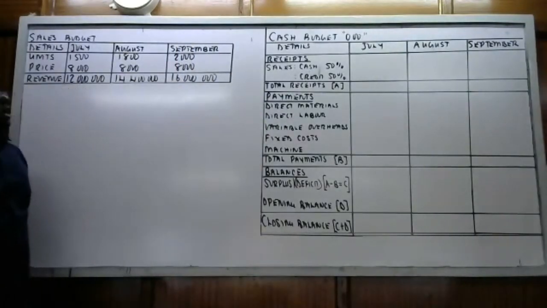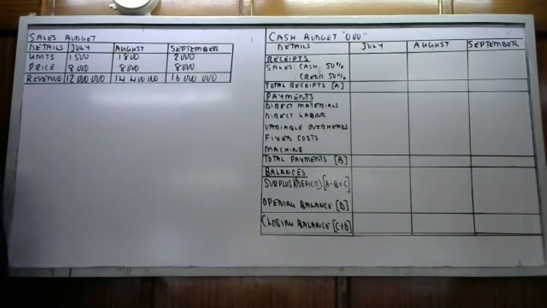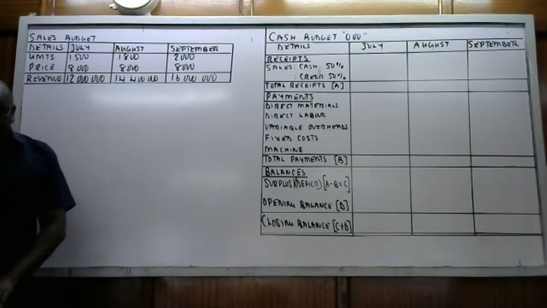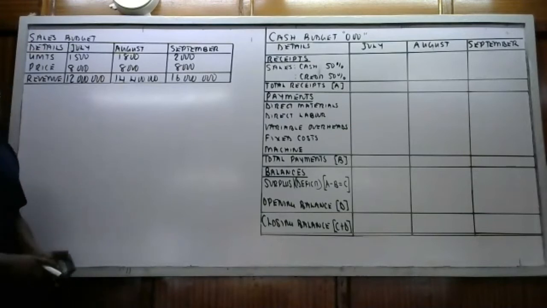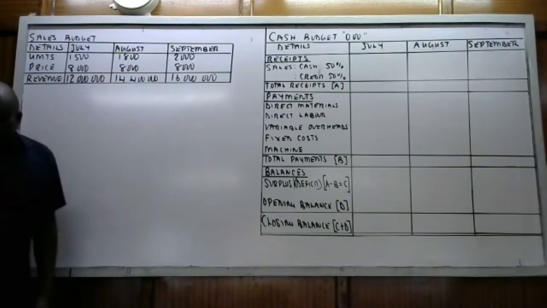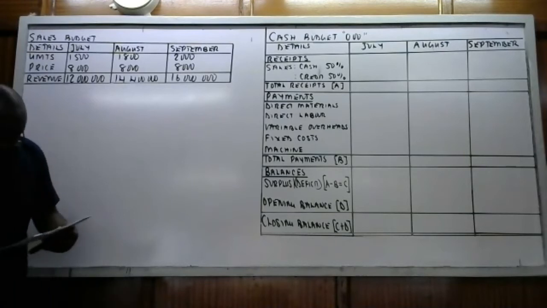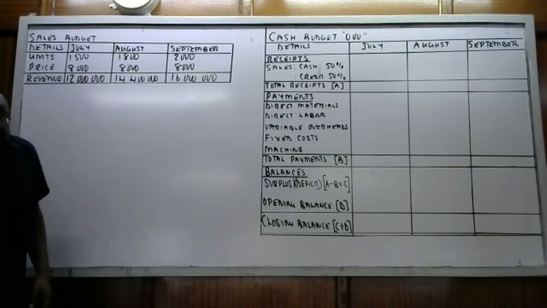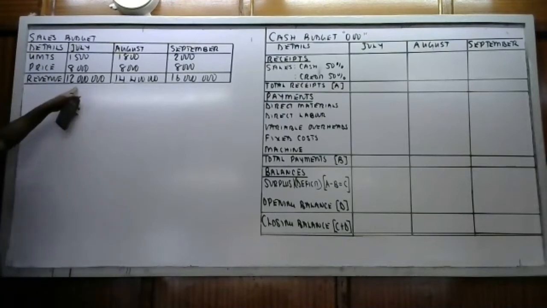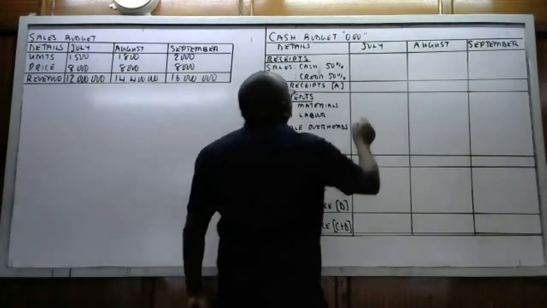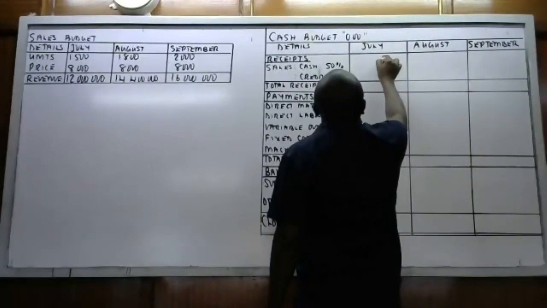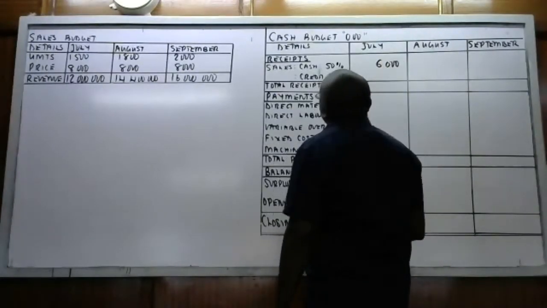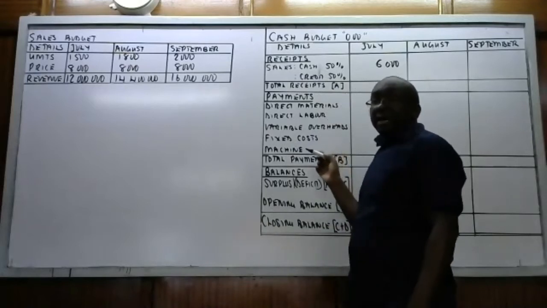So that now helps us to get, tunaambiwa according to information 8, 50% is cash and the balance is paid later. So of the 12 million, tunalipwa 6,000 that month because our figures are in thousands.